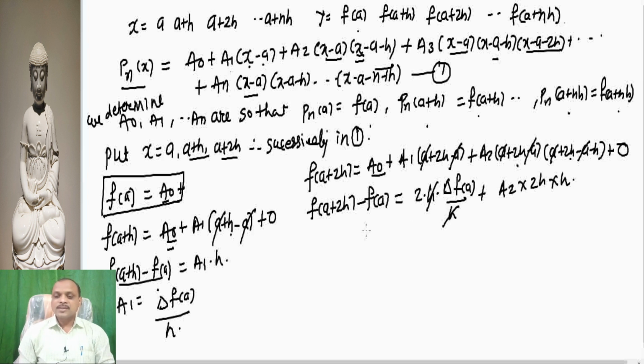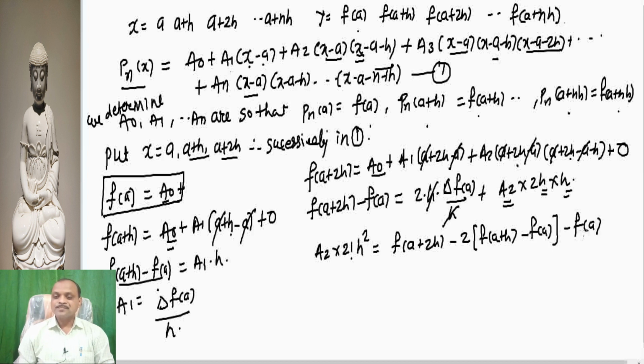Now let us transfer this term, and here a2 into h square, 2 into 1. So this is a2 into 2 factorial into h square equal to f of a plus 2h minus twice delta f of a. Delta f of a is nothing but f of a plus h minus f of a.